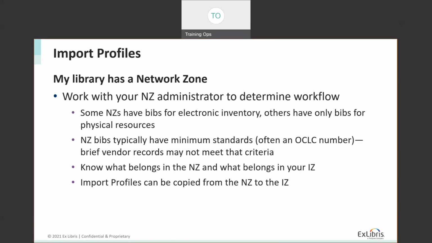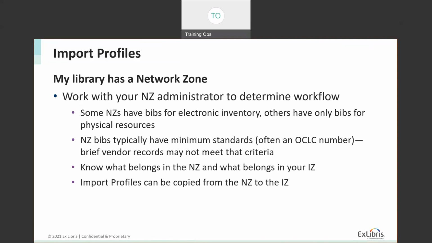What if you have a network zone? I mentioned how there is that tab for network zone import profiles. The key is you need to work with your network zone administrator to determine the workflow. You are not working in an island. You are working cooperatively with that network zone and other libraries.